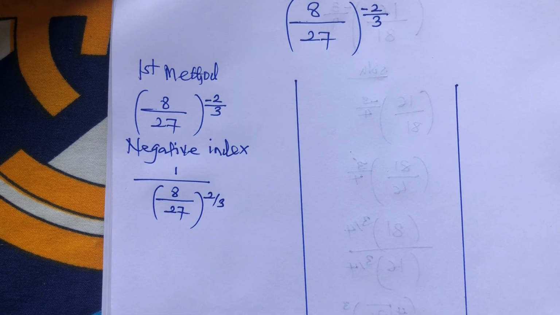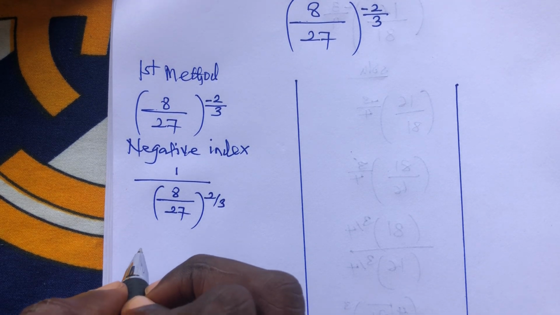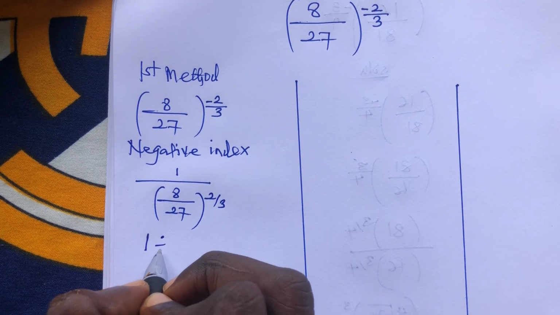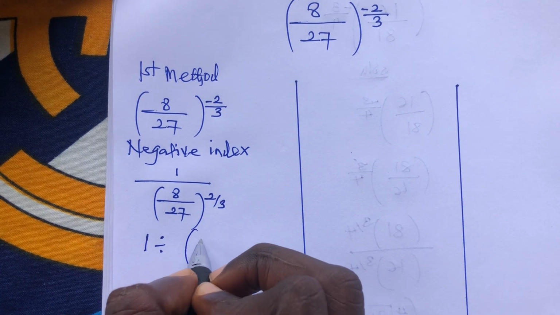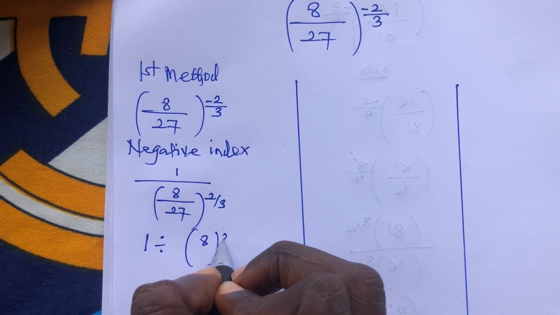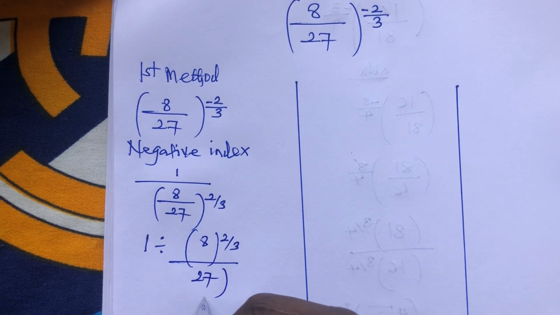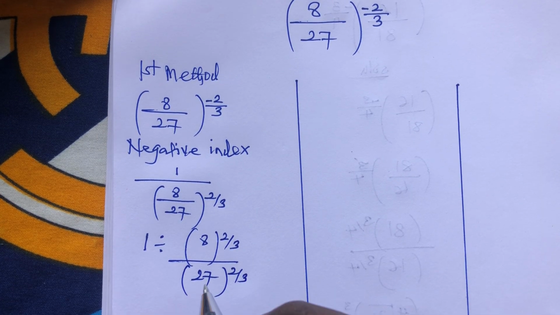Then the next step, we are going to apply the product law of indices. We distribute the power over each factor. Therefore, this becomes 1 divided by 8 raised to the power 2 upon 3, then divided by 27 raised to the power 2 upon 3.